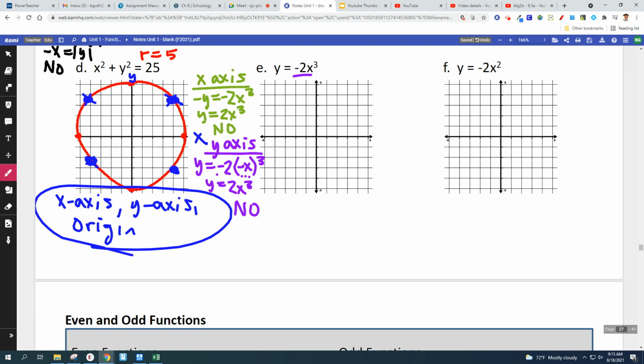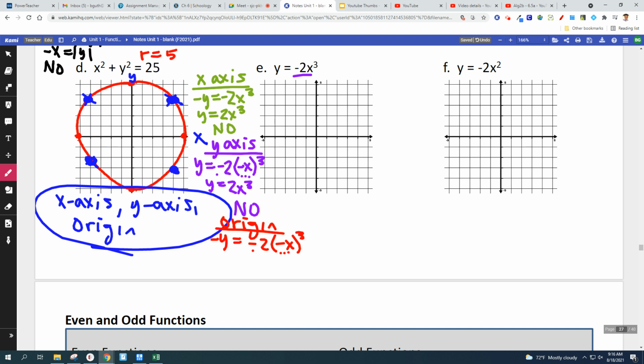All right, so let's try origin. Flip both. Opposite y equals opposite 2 times opposite x cubed. So again, you've got 1, 2, 3, 4 negatives on the right side over there.